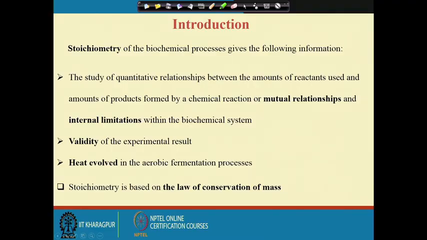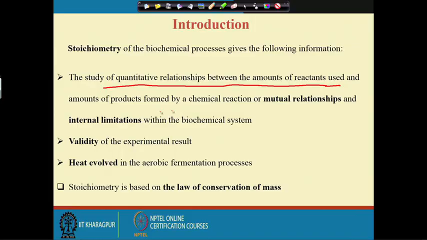Now, the stoichiometry of the biochemical process gives the following information: the study of the quantitative relationship among the reactants used and the products formed in a chemical reaction, or the mutual relationship and internal limitation within the biochemical system.